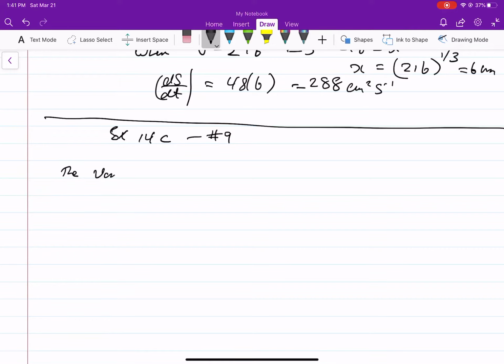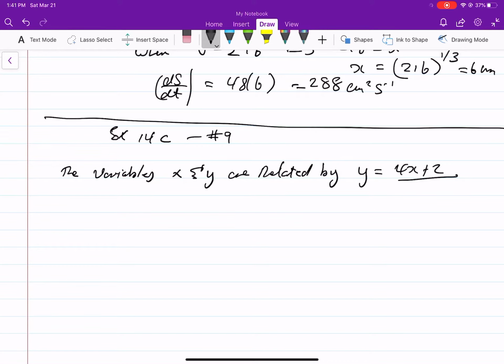The variables x and y are related by y is equal to (4x plus 2) upon (x plus 1).